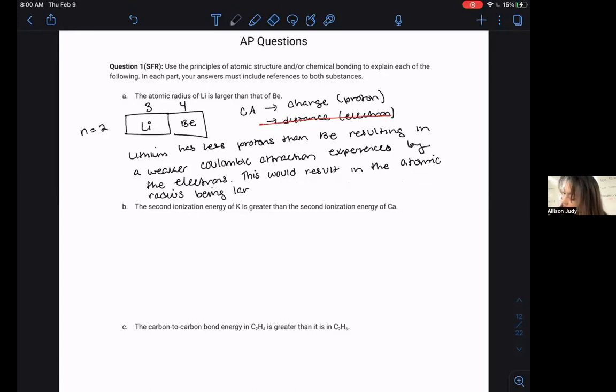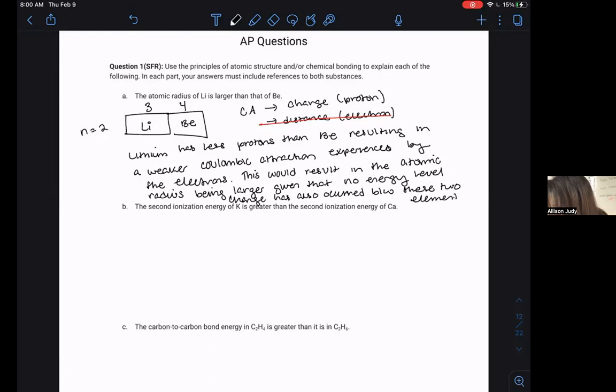Let me say it a different way. Larger, given that no energy level change has also occurred between these two elements or atoms.